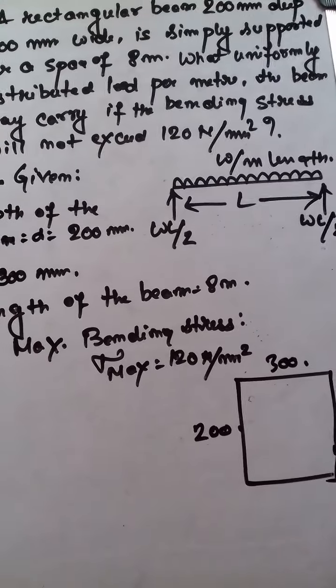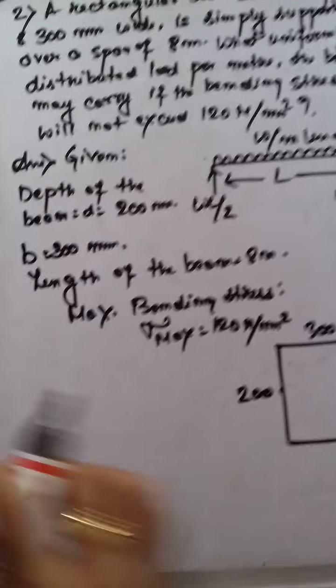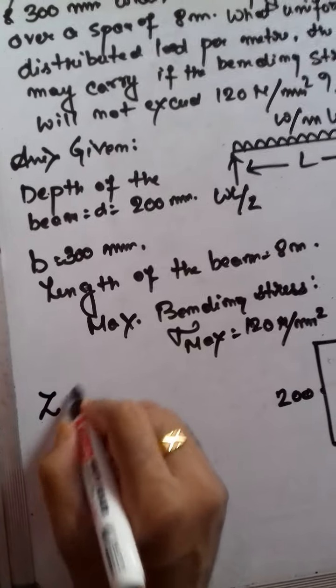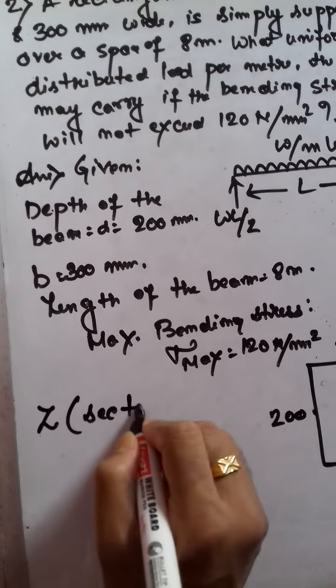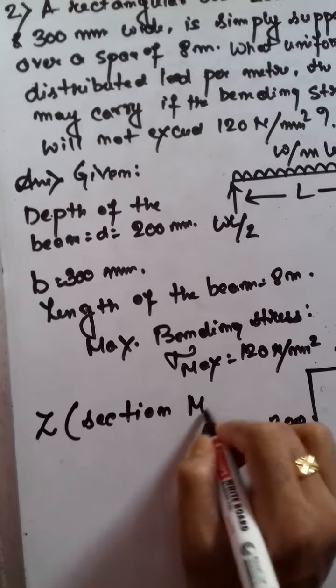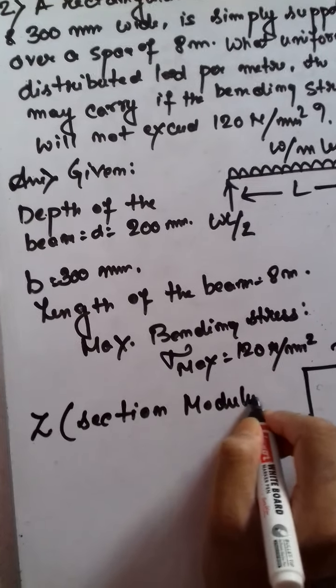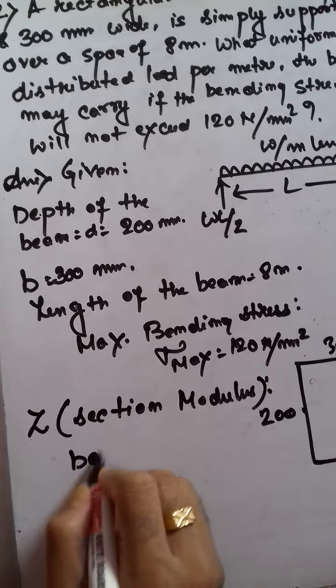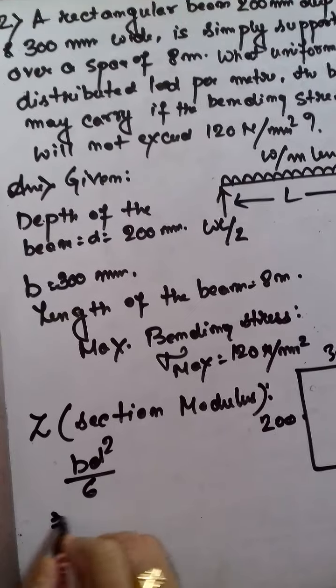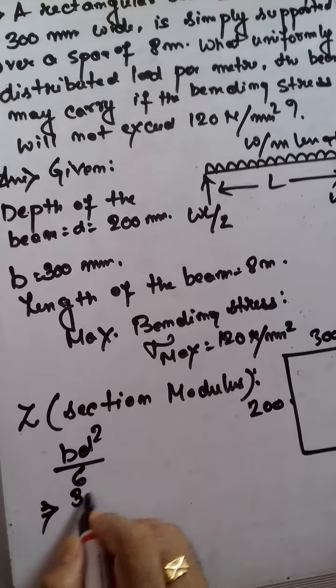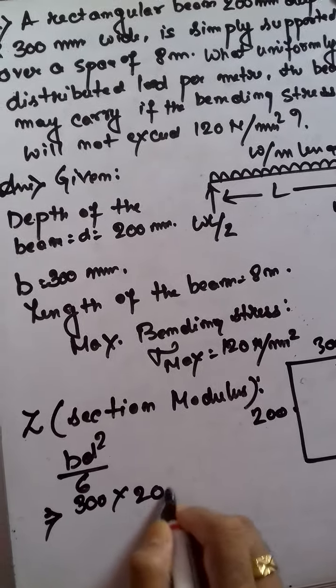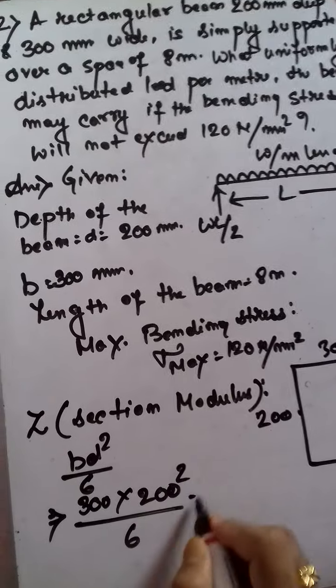Okay, so what we can do, we can find out the section modulus. How to find out the section modulus for a rectangular section? BD square divided by 6. So 300 into 200 square divided by 6.